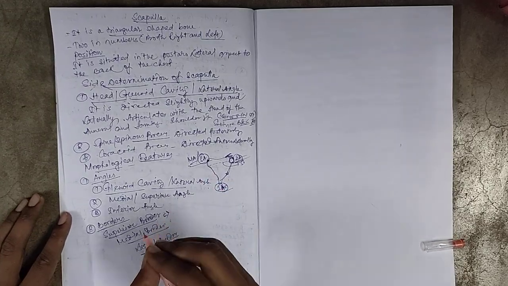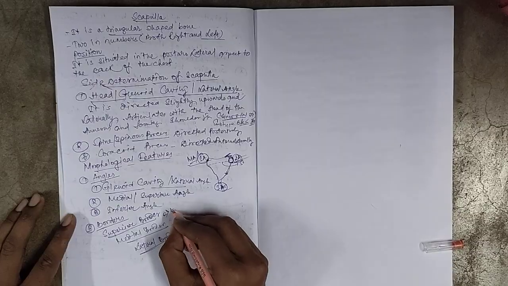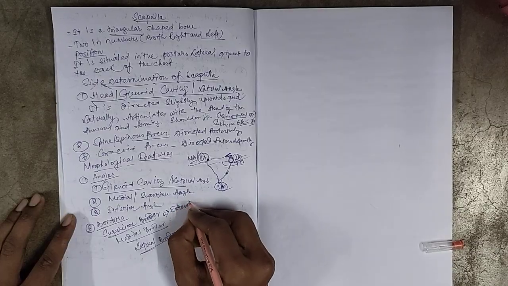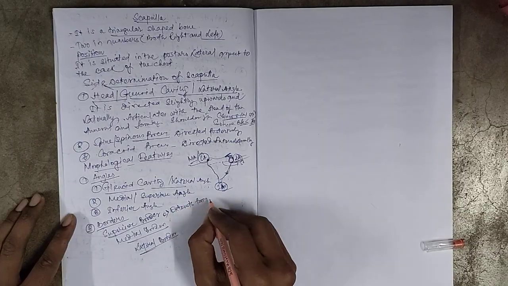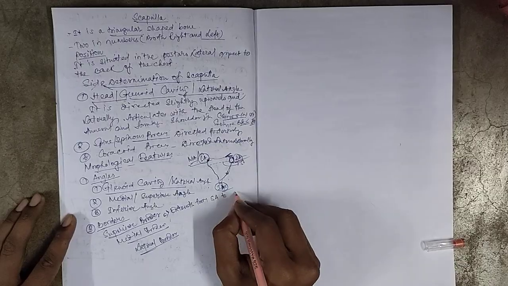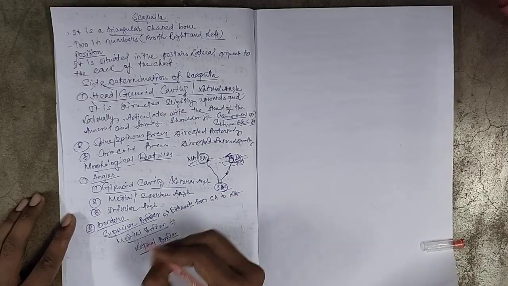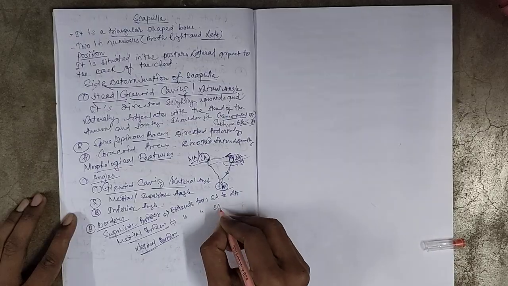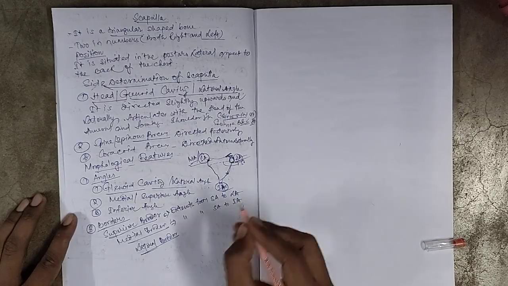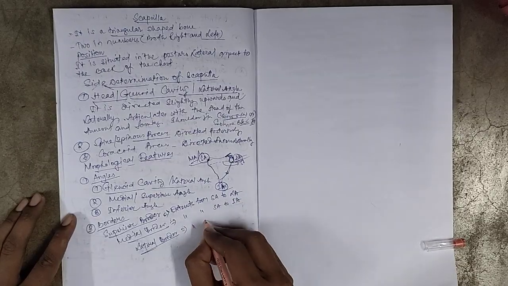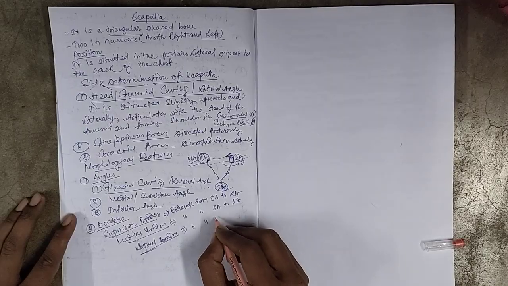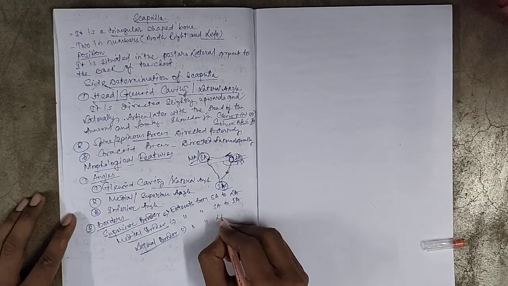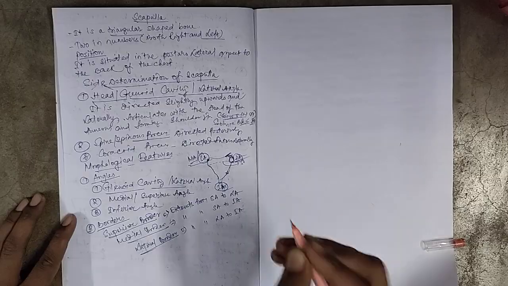The superior border extends from superior angle to lateral angle. Medial border extends from superior angle to inferior angle, and lateral border extends from the lateral angle to the inferior angle.